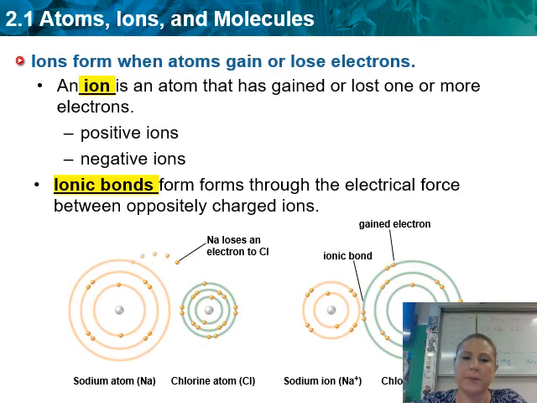And when sodium bonds to chlorine, the sodium actually loses an electron to chlorine, which makes it become positive. So the sodium becomes positively charged. And then because the chlorine is gaining an electron, it's becoming negatively charged because electrons have a negative charge, so it has an extra negative. Okay, so it becomes an ionically bonded compound.